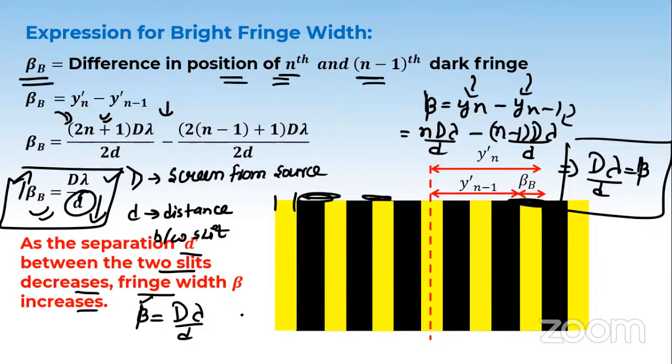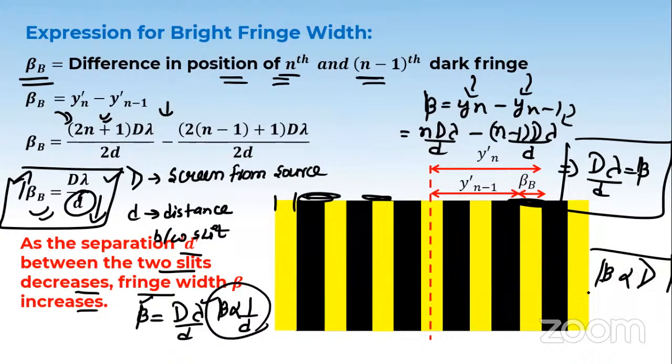It means fringe width. Remember this formula always. Fringe width is inversely proportional to the distance between the slits, and directly proportional to the distance of the screen from the source. So if a question is asked, you can answer it.